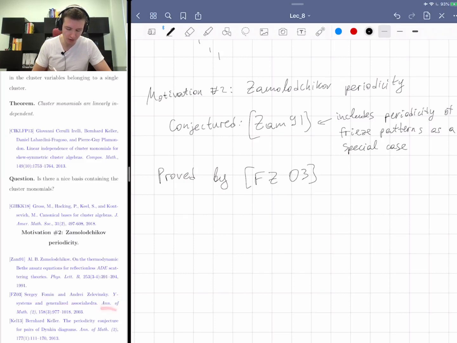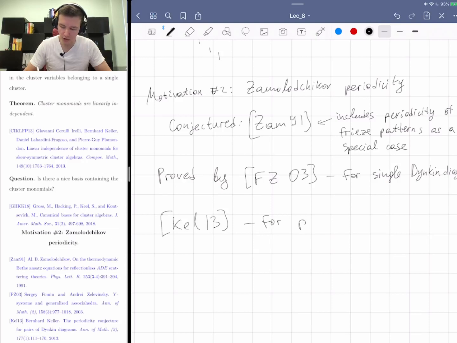We're going to discuss these things. It was proved for single Dynkin diagrams, and more generally by Keller in 2013 for pairs of Dynkin diagrams.